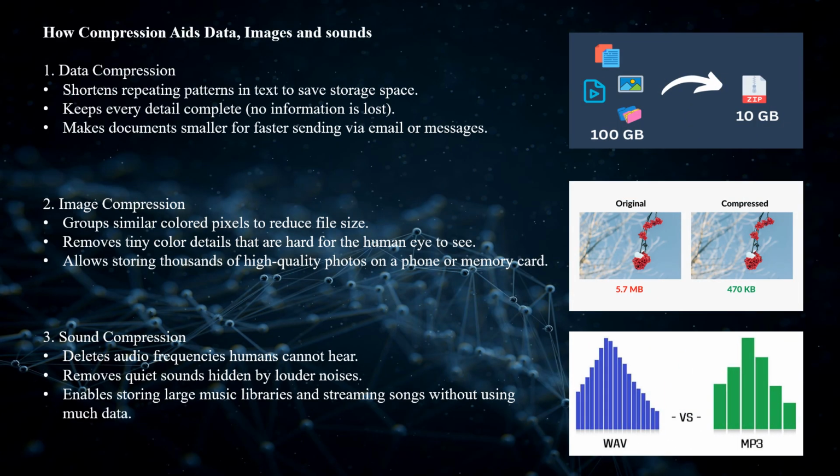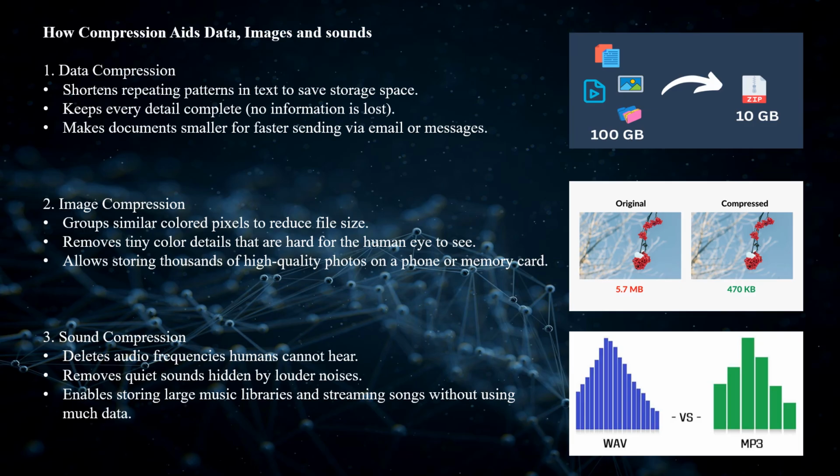Let's move on and see how compression helps with storing files. For data, compression makes documents smaller by shortening repeating parts so they can be shared faster without losing important information. For images, it groups similar colors and removes tiny details we don't really notice, which lets us save lots of photos without using too much space.